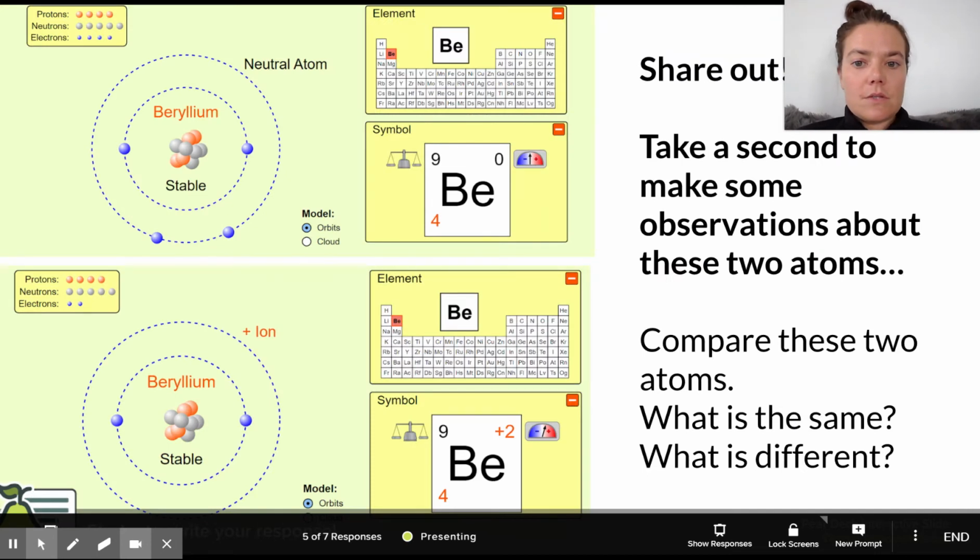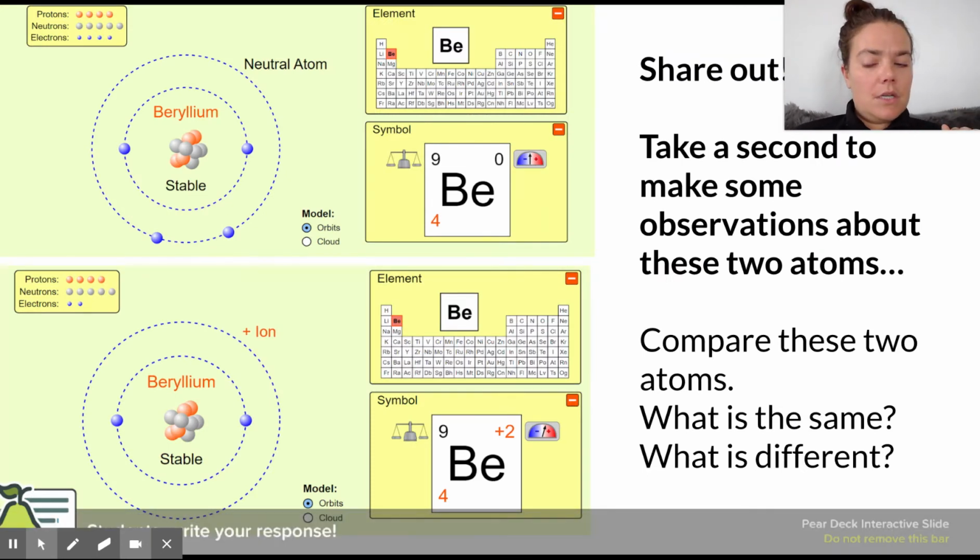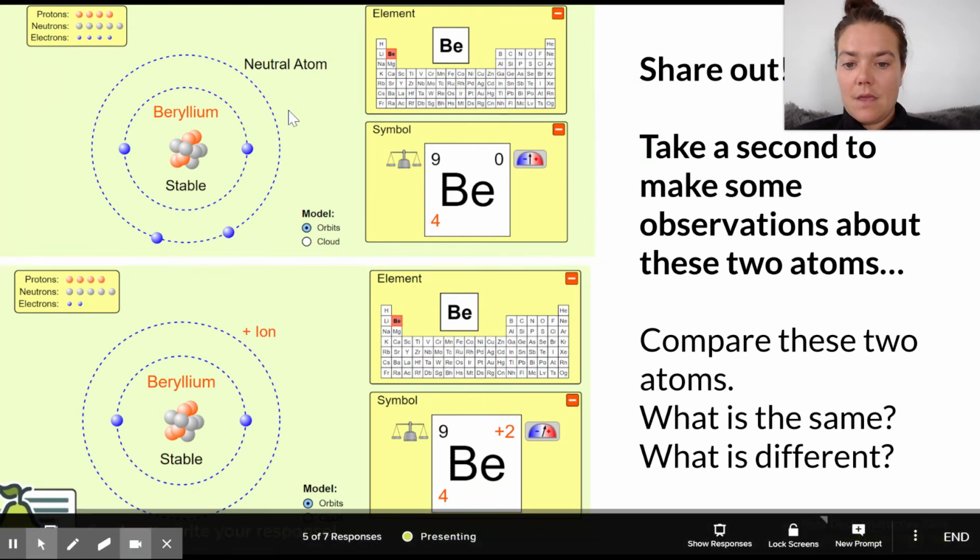Now let's look at the other variation on an atom. Identify again, what are some things that are the same and what are some things that are different? Once again, what is the same is these 2 atoms are both beryllium. They both have 4 protons. This time, they're both stable and both have 5 neutrons, and they both have a mass of 9.